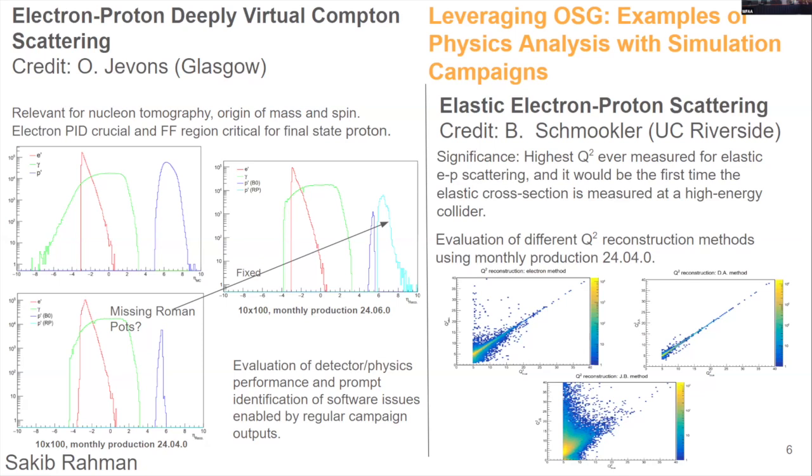So how are the simulation campaigns helping us? If you look at the top left plot, that's the generated particles in our Monte Carlo simulation. Then we have the reconstruction software that tries to reconstruct what we call the pseudorapidity, which you can think of as a measure of the scattering angle coming out of the collision.